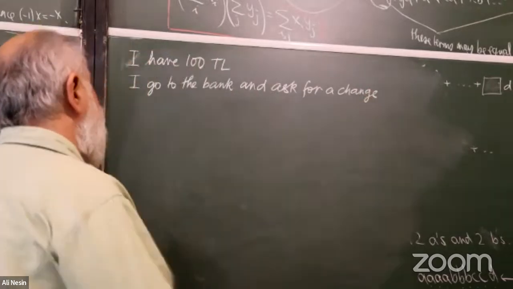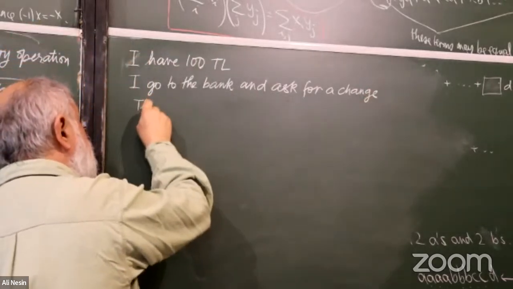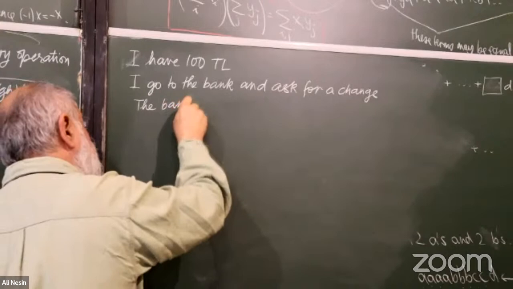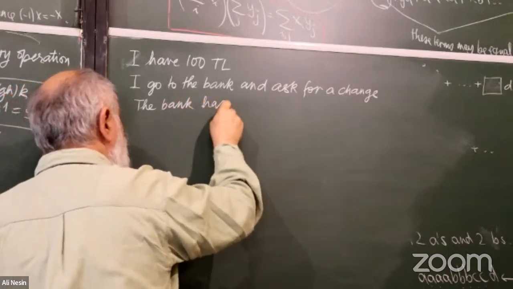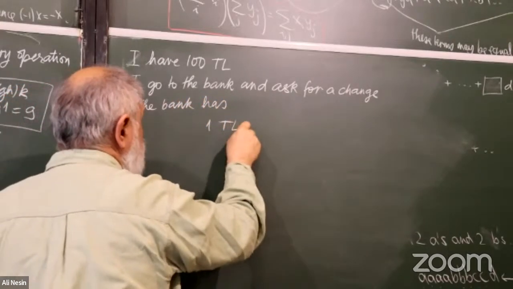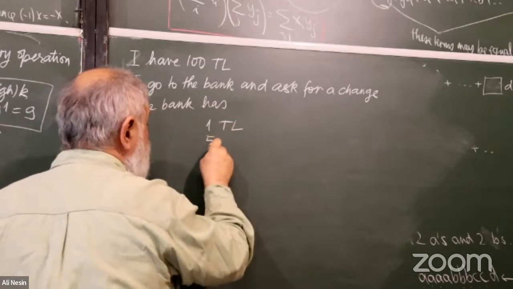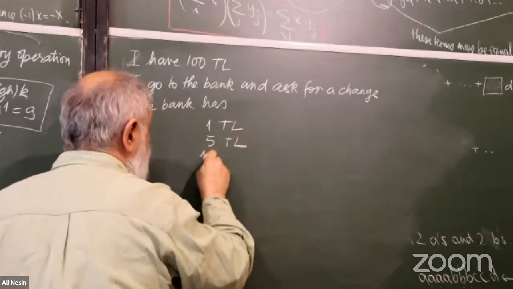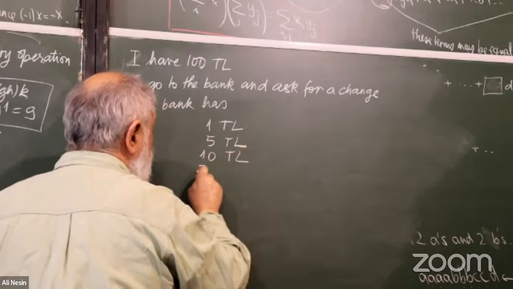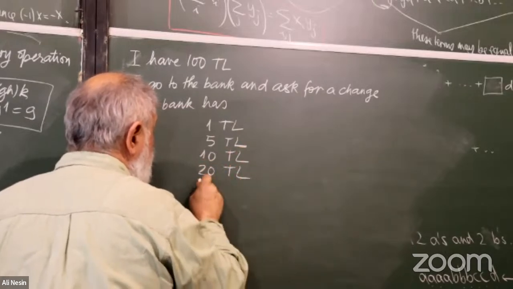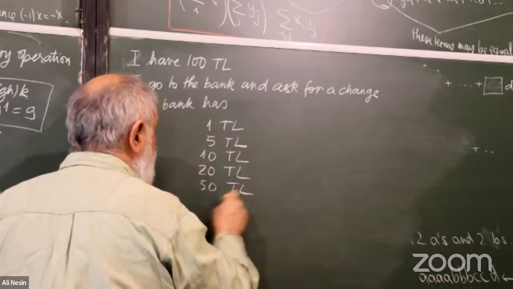So the bank has 1 lira, 5 liras, 10 liras, 20 liras, 50 liras, and 100 liras.